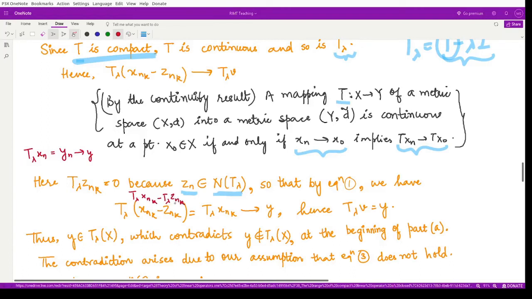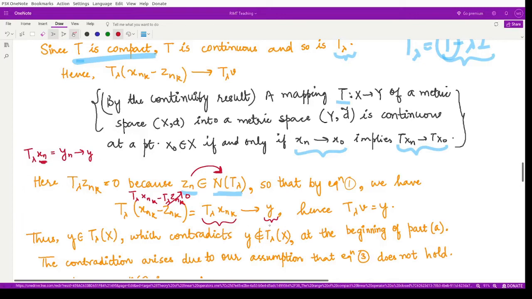Here the second term is 0 because Zn is present in the null space of T lambda, so its subsequence is also present in the null space. We are left with T lambda of xnk, which converges to y, because xn has the subsequence xnk.